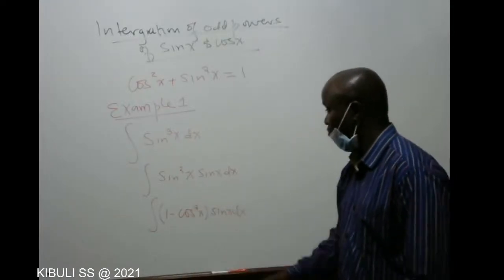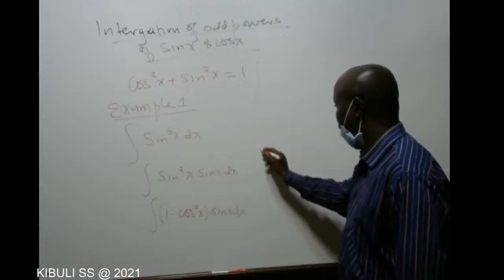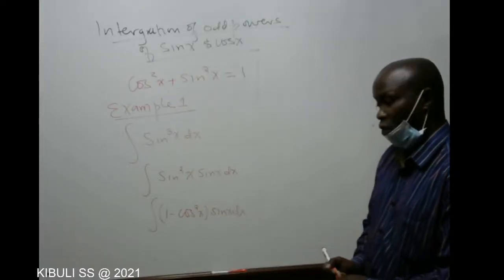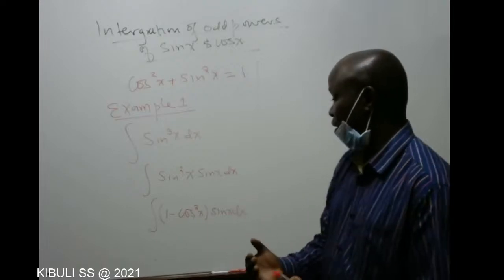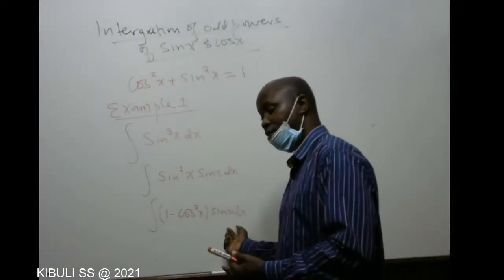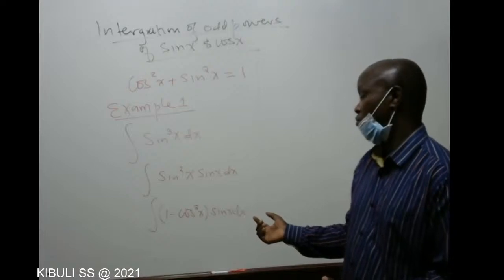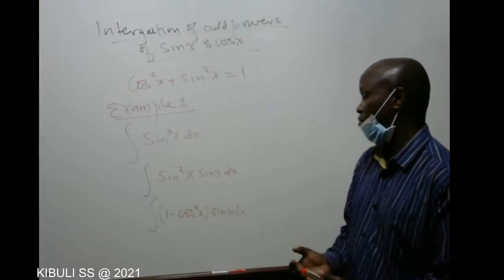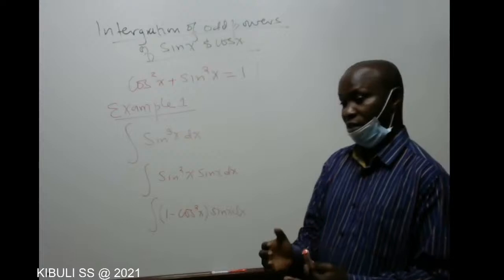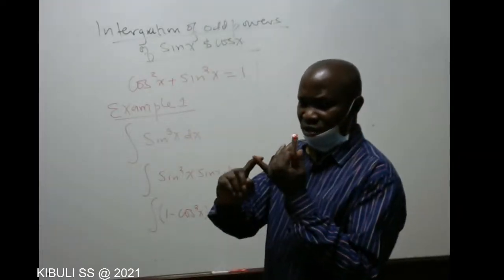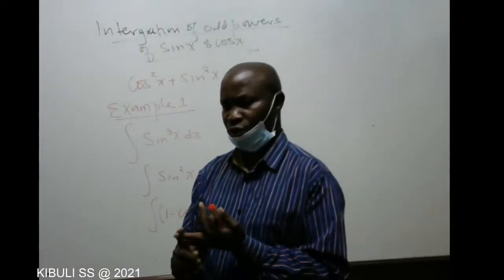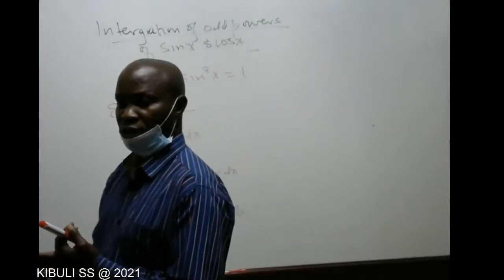So at this point, after changing with Pythagoras theorem, it becomes easier for us to integrate this. Let me go back and get the concept. In the integration of sine and cos, this is a point to note.